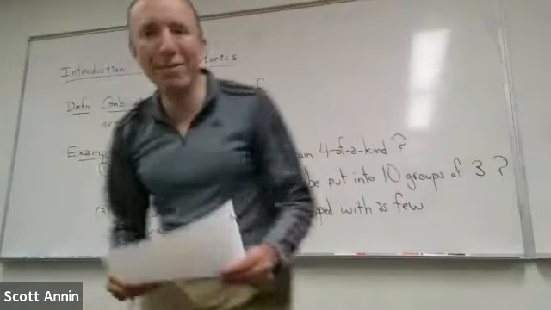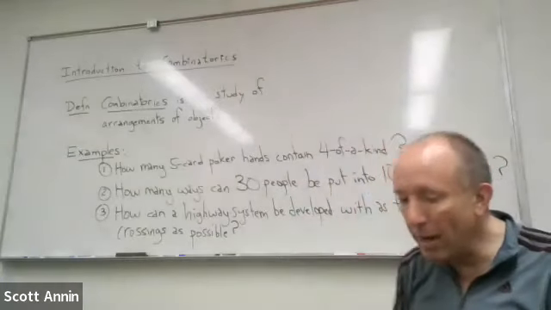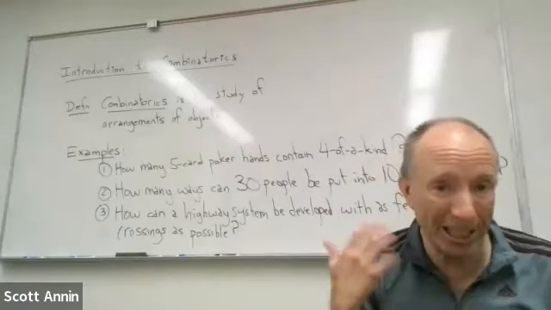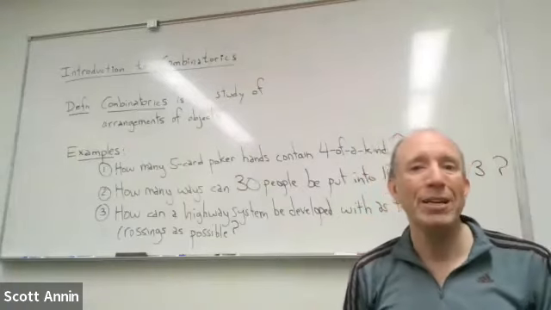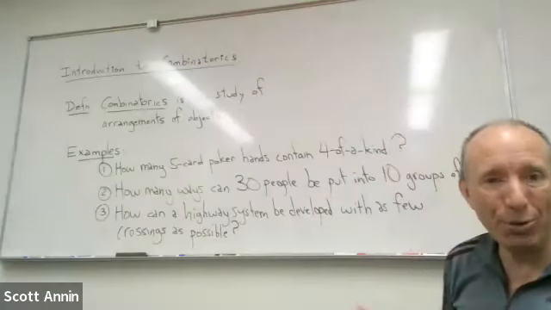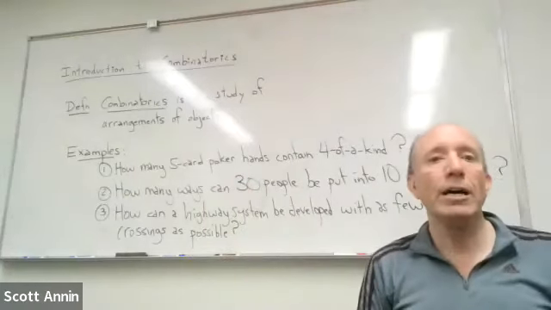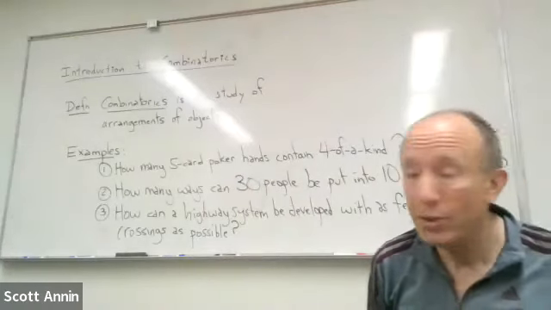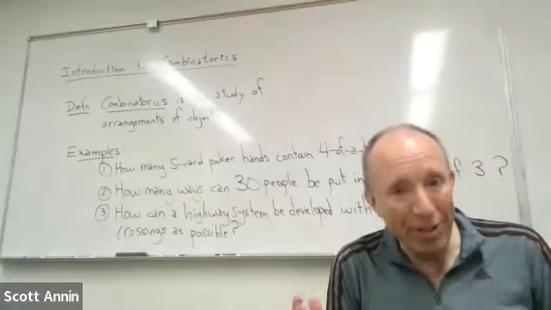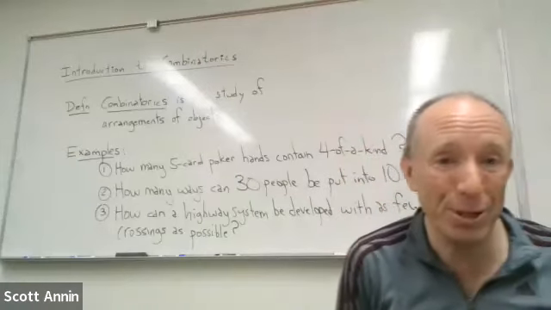In other words, we may have a bunch of roads that need to cross each other. And every time that happens, perhaps we need to build a bridge. Bridges are expensive. They take time. And we would like to minimize the number of bridges that are required in order to develop a system of roads on some highway plan. So that would be a place where graph theory actually comes into play, and graph theory is a branch of combinatorics.